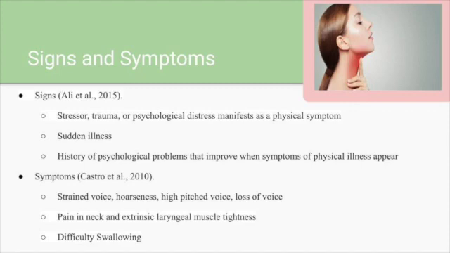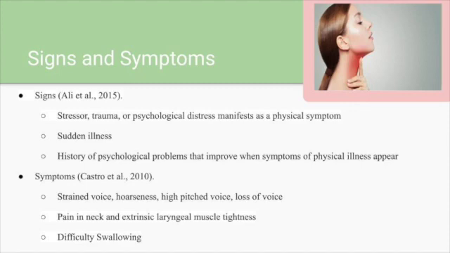And signs that a person may have conversion aphonia include going through severe stress, trauma, anxiety, having a sudden illness due to extreme stress, feeling ill, going unconscious, having difficulty talking, and having a history of psychological problems that improve when physical symptoms appear. So for example, if a person has anxiety and it produces stomach aches, fainting, or headaches, once those physical symptoms are present, it allows them to focus on their physical symptoms.